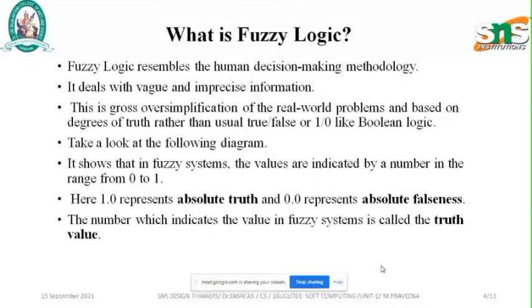That is called as fuzzy logic. It consists of ranging values. That is the degree of truth. We cannot say it as true or false, but it is in some range of values.